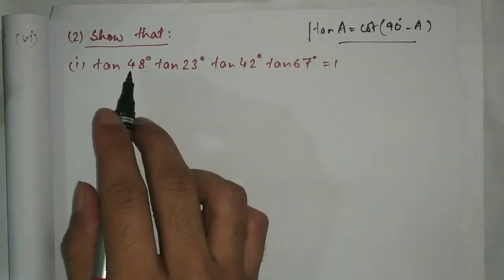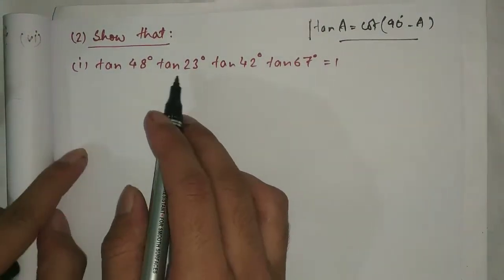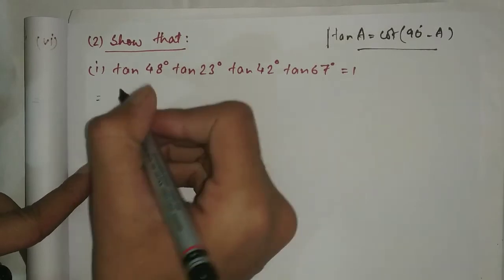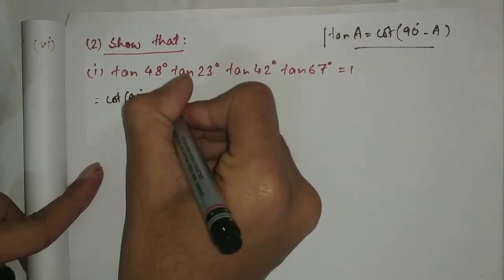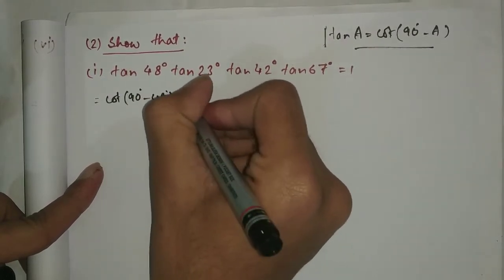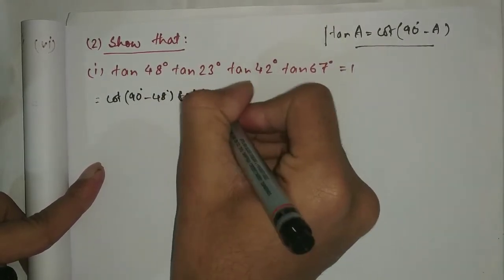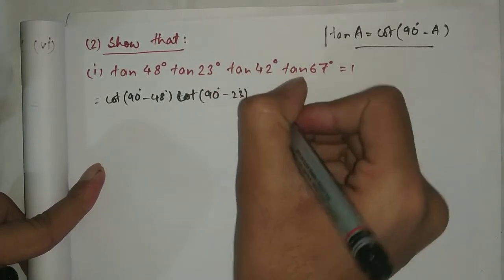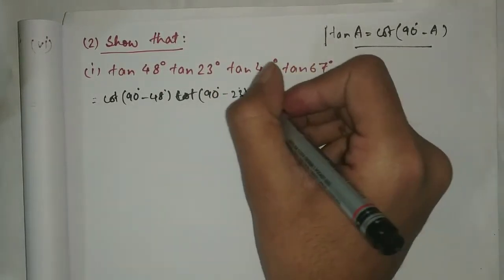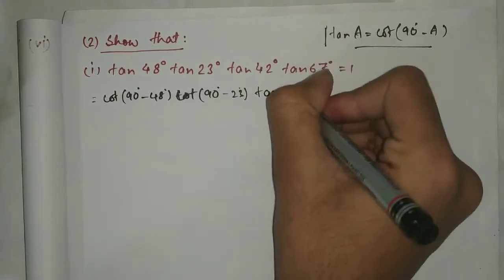So we apply this to this and this term. So it becomes cot of 90 minus 48 into cot of 90 minus 23, and we keep these two terms exactly the same.